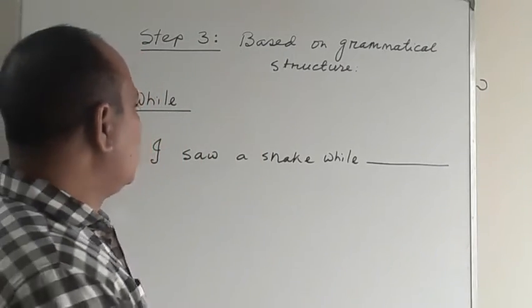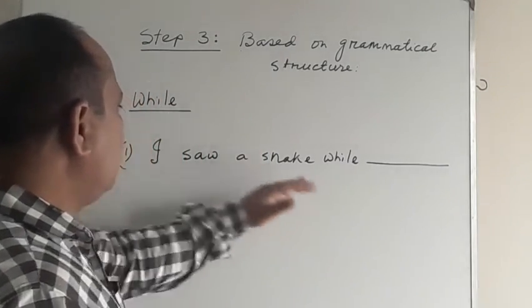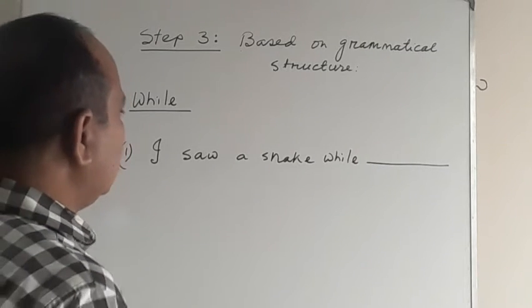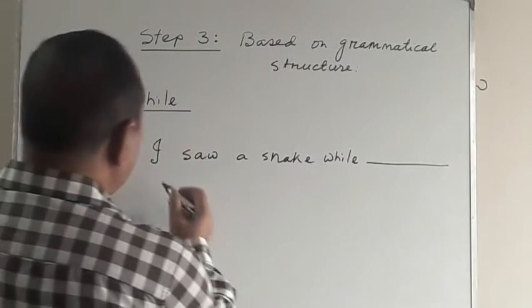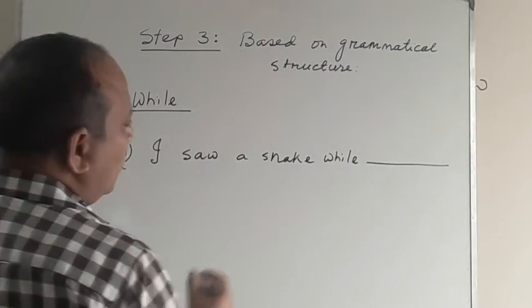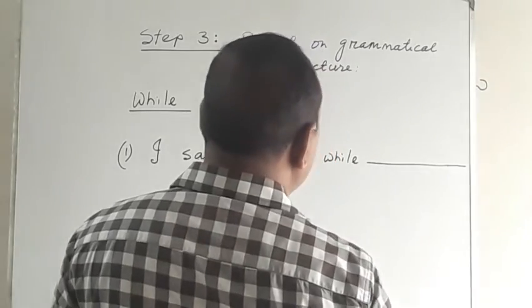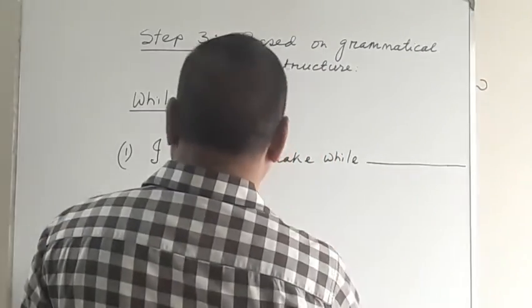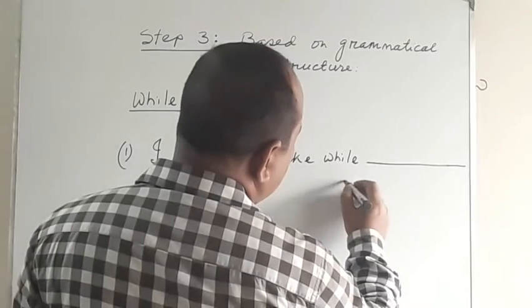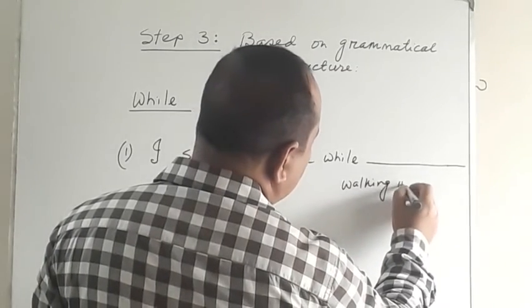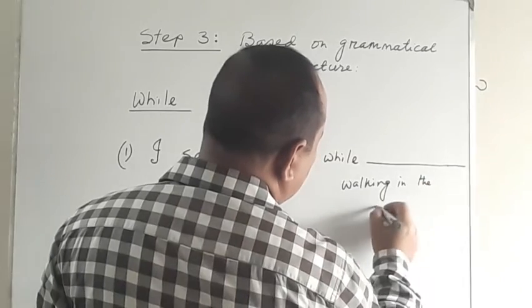My dear students, look at the structure. If you find while in any sentence, what can you do? Look at the sentence. I saw a snake while. If you want to use a verb to complete the sentence, you have to write I saw a snake while walking in the garden.